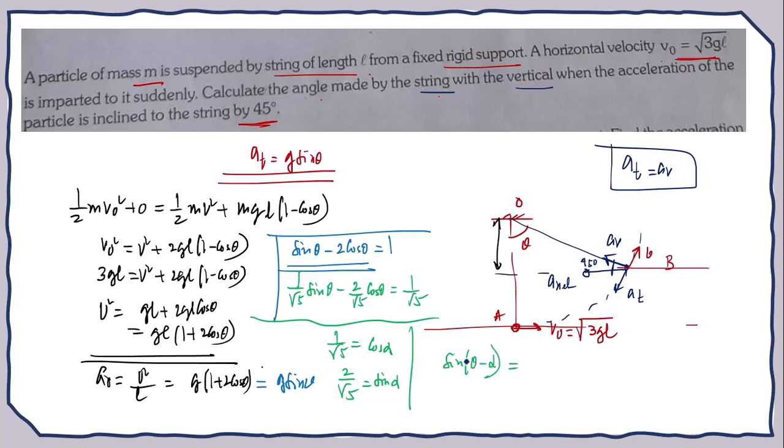That should be equal to 1 by root 5, which is cos alpha. So I can say that equals sin of 90 minus alpha. That means theta becomes 90 degrees. So the value of theta is equal to 90 degrees. That is the answer. Hope you understand this.